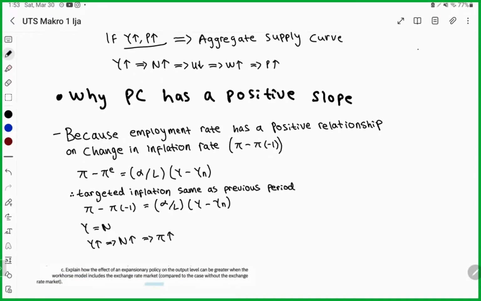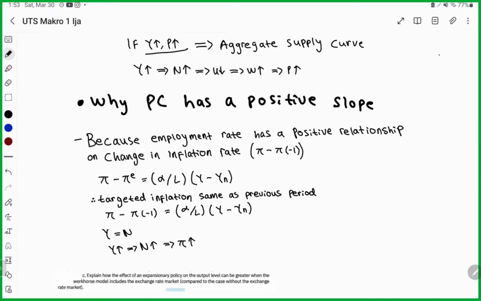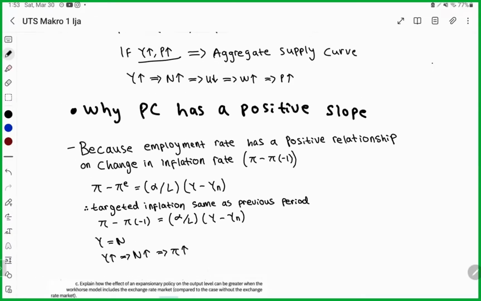And then the second question is why the PC curve, Phillips curve, has a positive slope. The answer is it's because the employment rate has a positive relationship with the change in inflation rate, which we can find from inflation minus expected inflation.